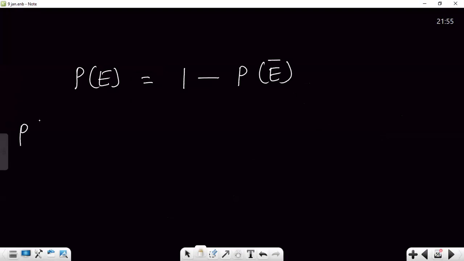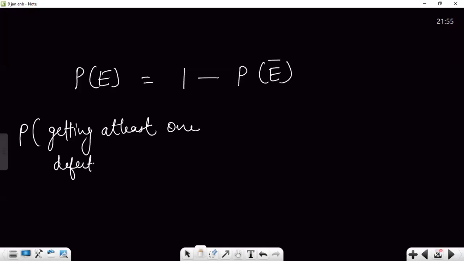So here, the probability of getting at least one bulb defective. What was the aim of the event? The aim was to get some bulb defective when we are withdrawing 2 bulbs.